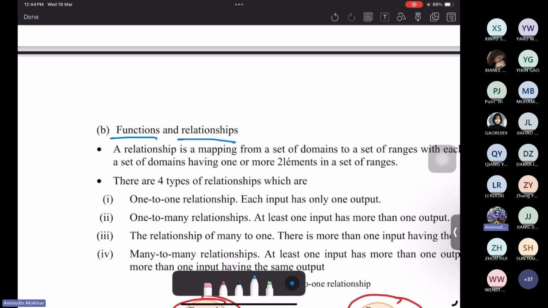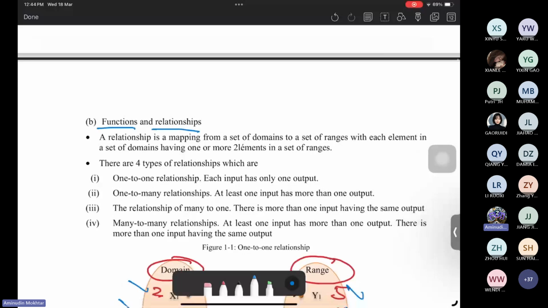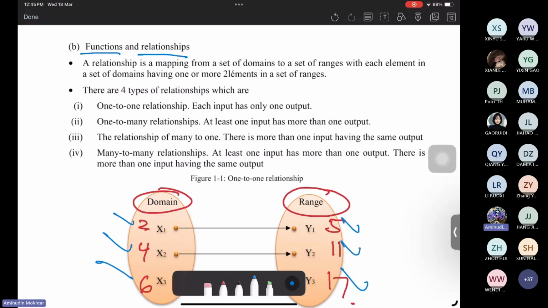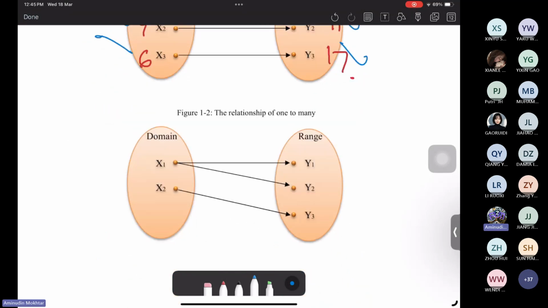Okay, basically when we're talking about function and relationship, based on this page, the definition of relationship is a mapping from one set of domain to one set of range, with each element in the set of domain having one or more elements in the range. Okay, that is the type of the relationship. For example, we have one-to-one, which is also a relationship, hubungan. And then we have one-to-many.